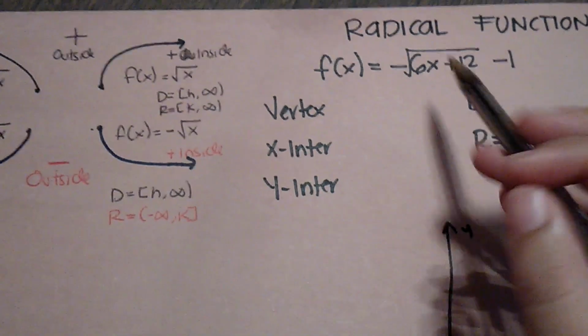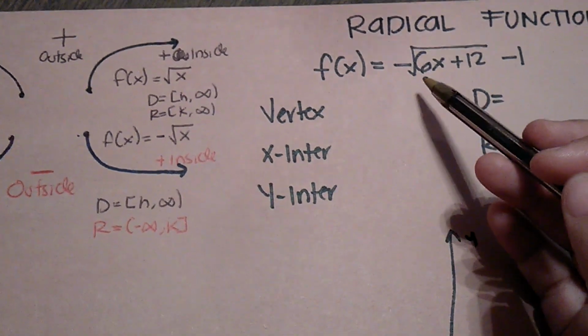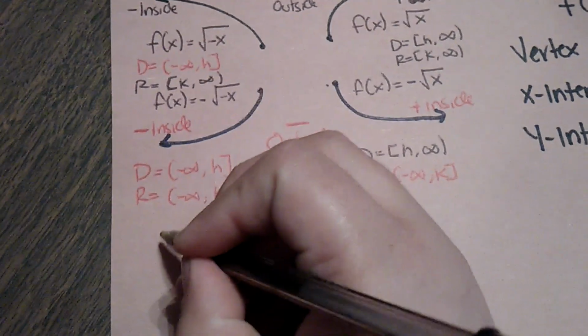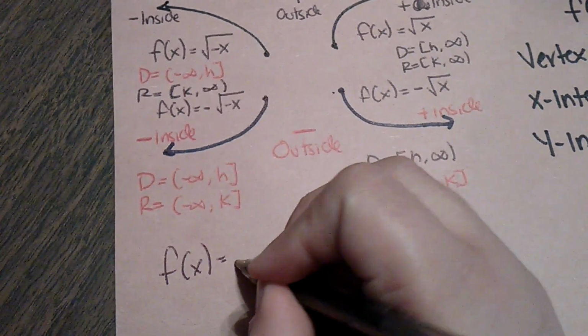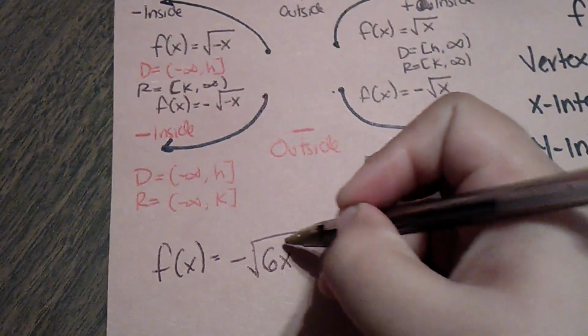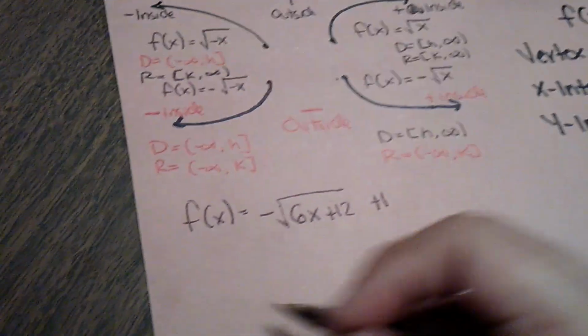Okay, so now we have a b value, and because of it, we need to factorize our function. So I'm going to start here. It's going to be f of x equals minus radical of 6x plus 12, plus 1.